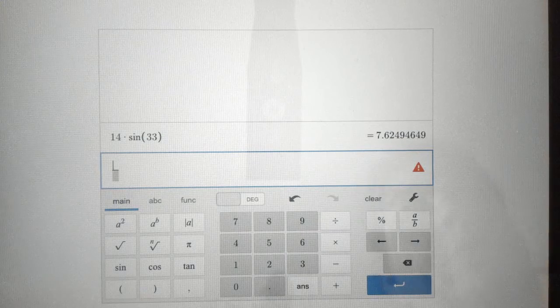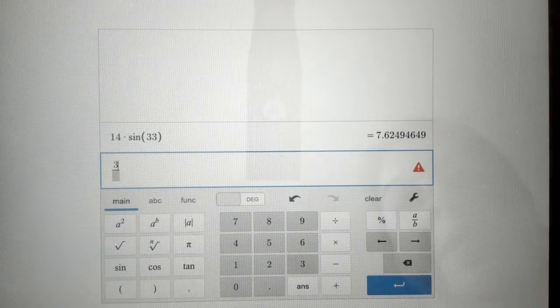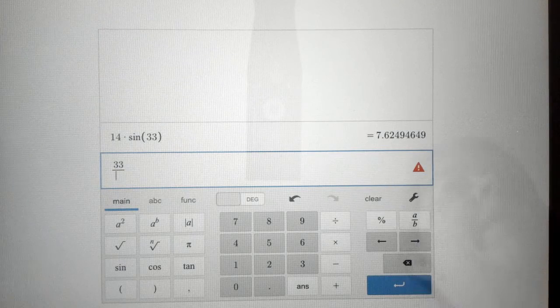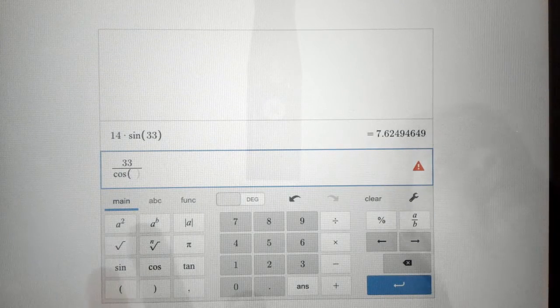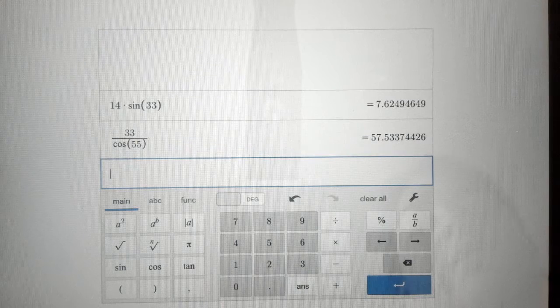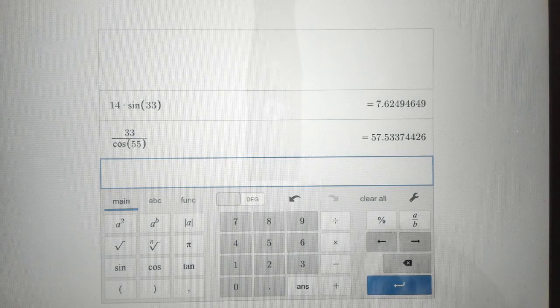And I'm going to put on the top 33, and then I can click on the bottom and put in cosine of 55. It looks identical to what we did on our handheld. And press enter, we still get 57.5, same answer. So it works pretty much the same way that your handheld calculator does. Very friendly machine here.